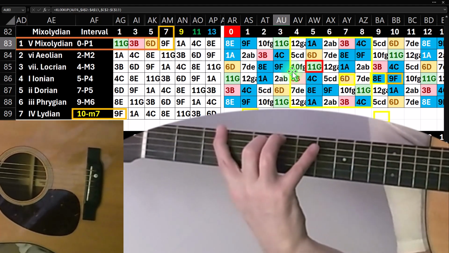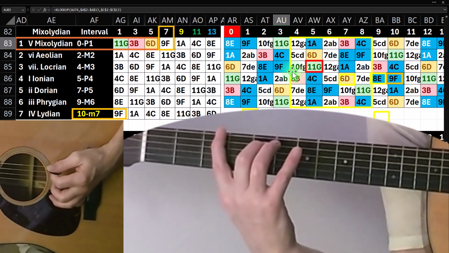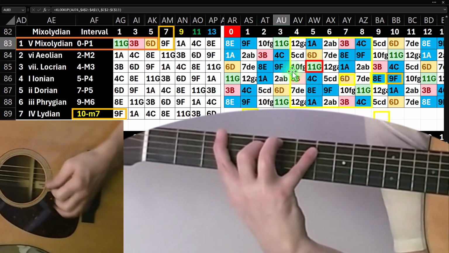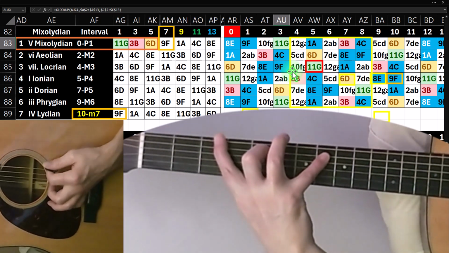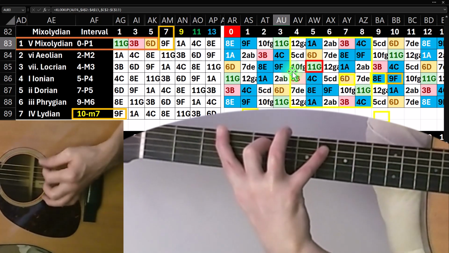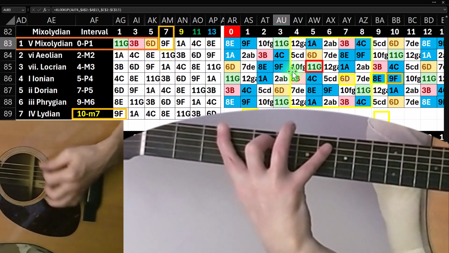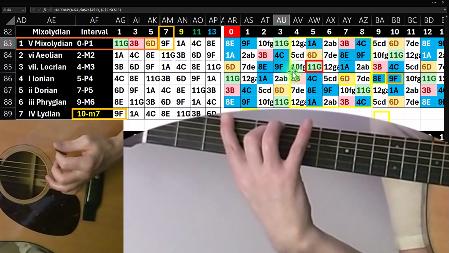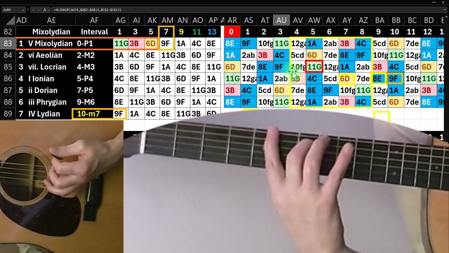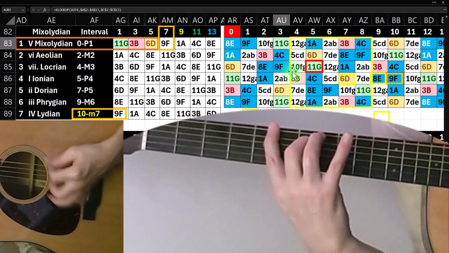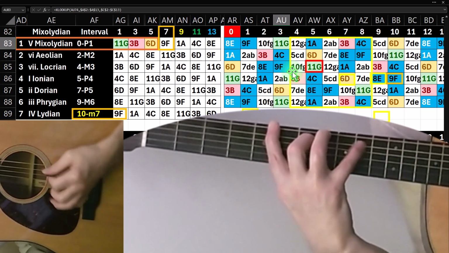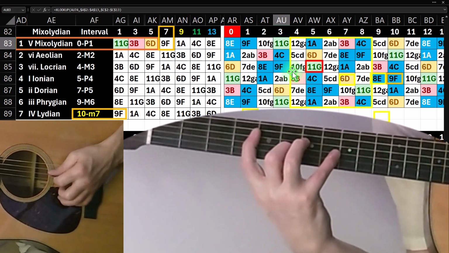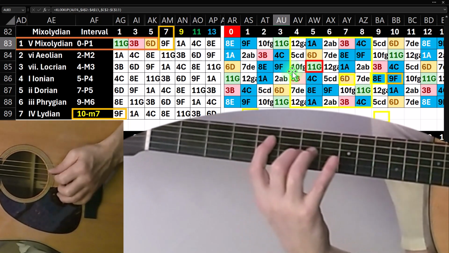So if I play it like this, which I see other people doing, it's not just me, then you can reach out here. If you can do it there, then you should be able to do it here on the A. And of course, you should be able to do it down here on the G.